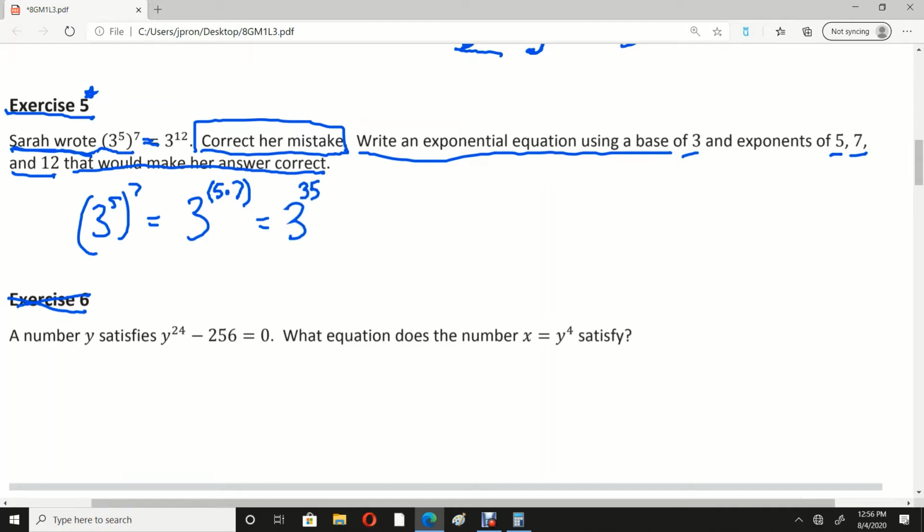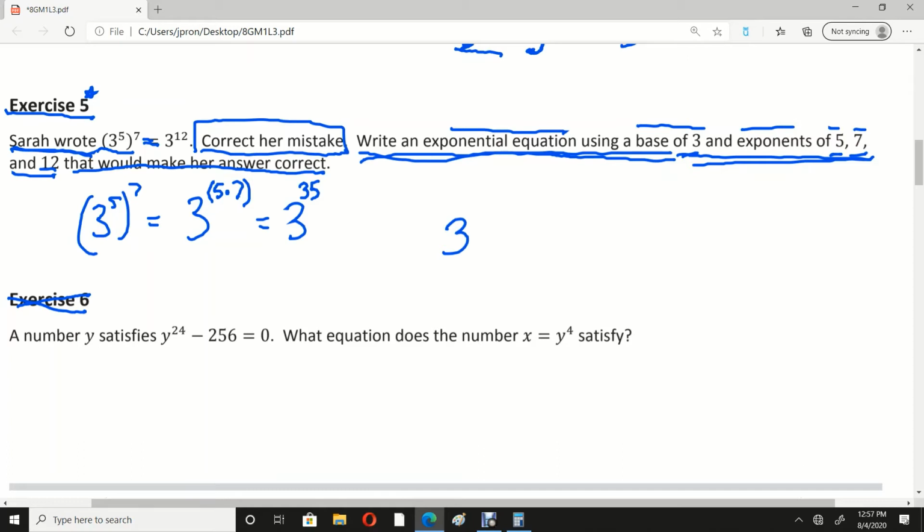But reading the response part of the question here gets a little confusing the way they frame it. They want us to write an exponential equation using base 3. So our base is going to be 3 for all of these, and exponents of 5, 7, and 12. So we need to finagle all that to make it a true statement.